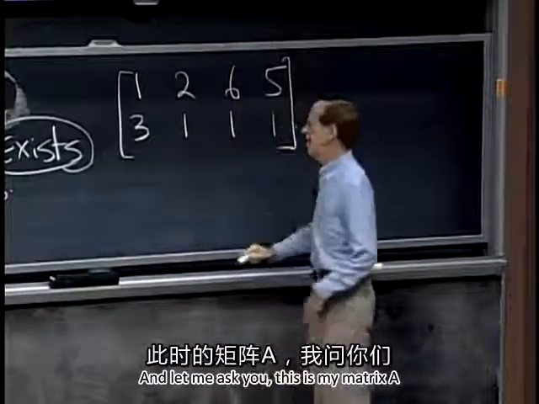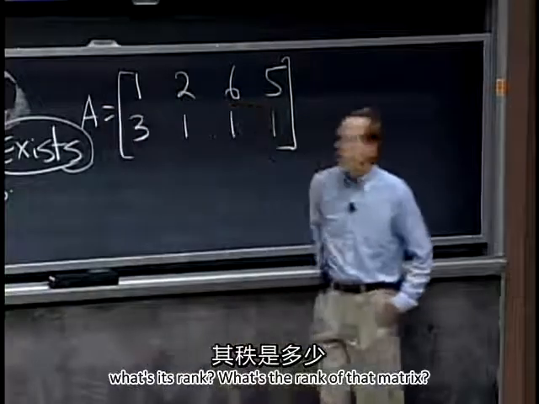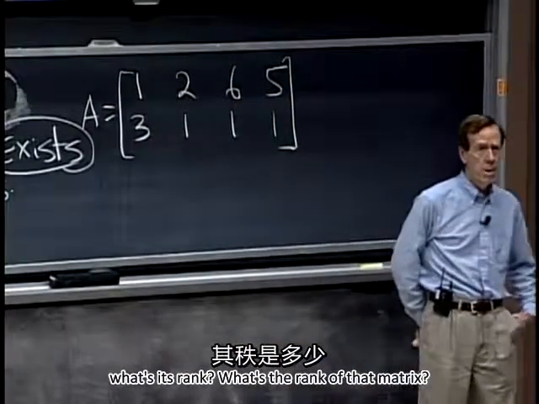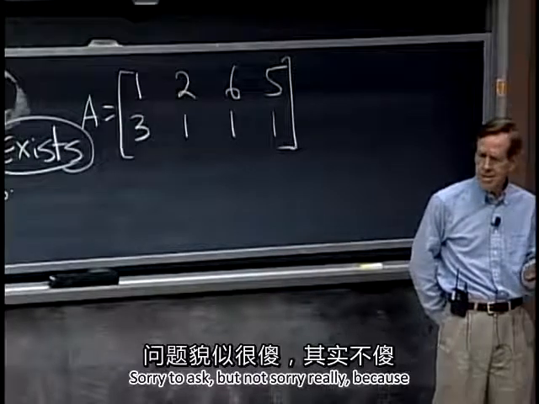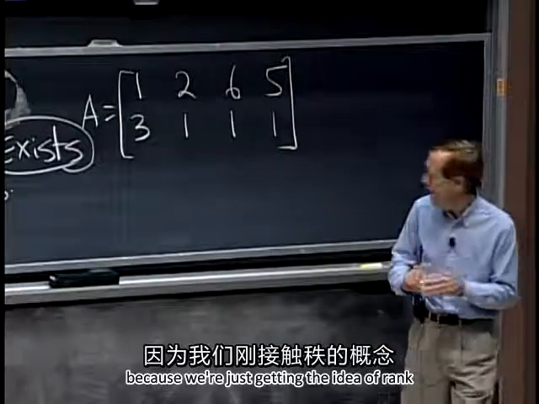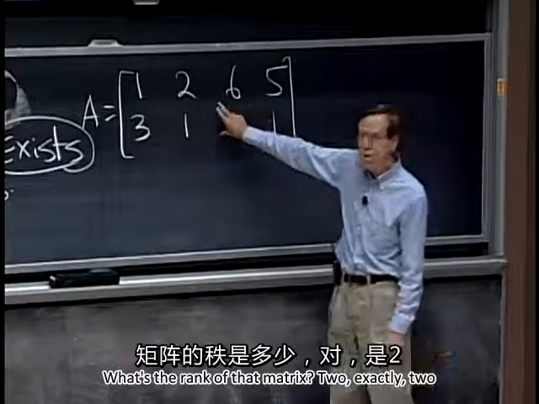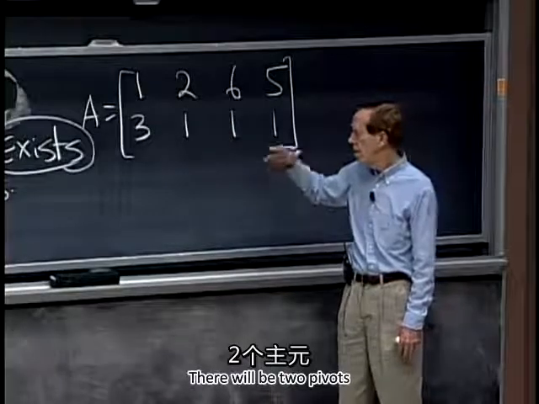And let me ask you, this is my matrix A. What's its rank? What's the rank of that matrix? Sorry to ask, but not sorry, really, because we're just getting the idea of rank. What's the rank of that matrix? 2, exactly, 2.